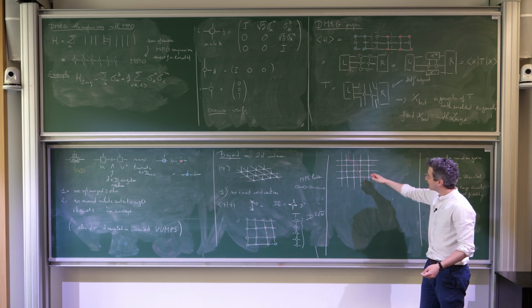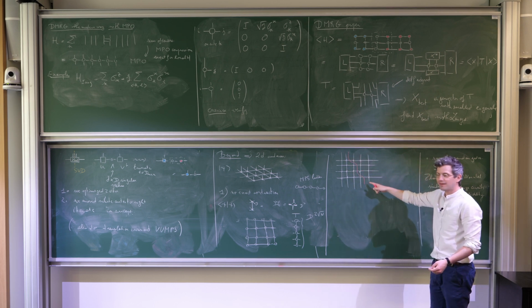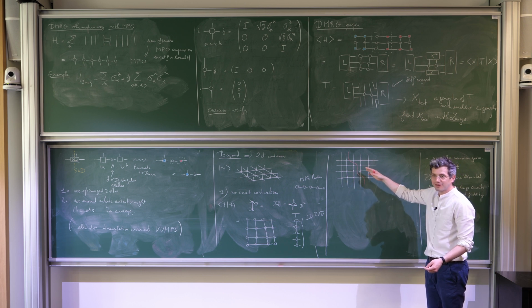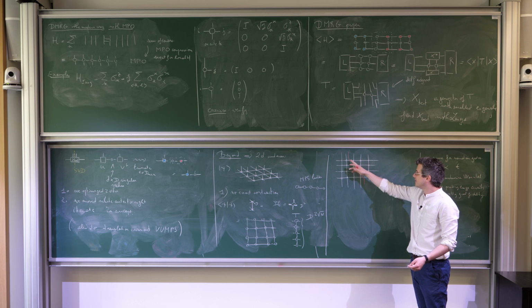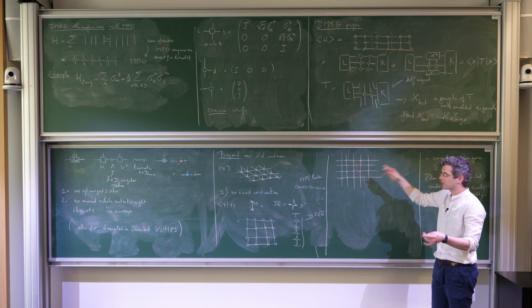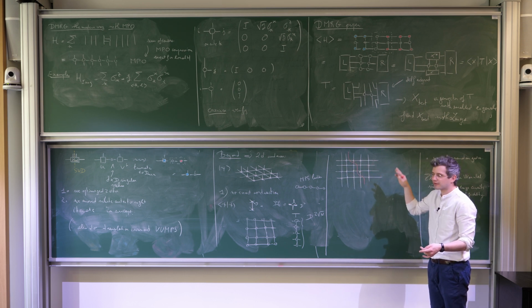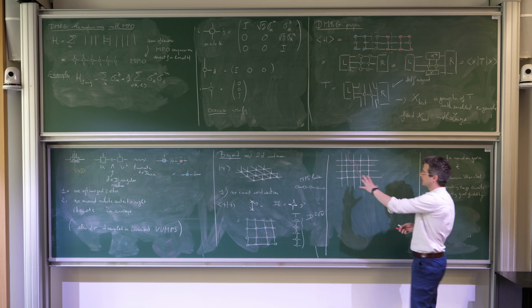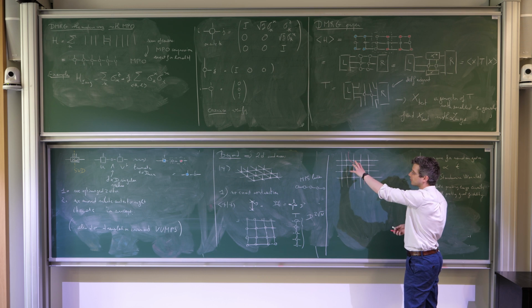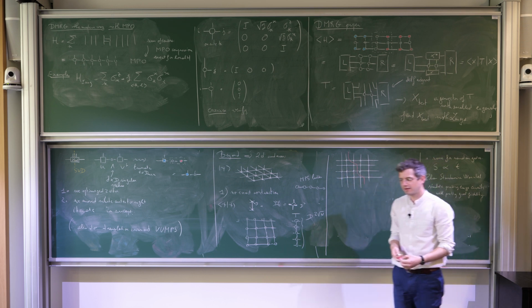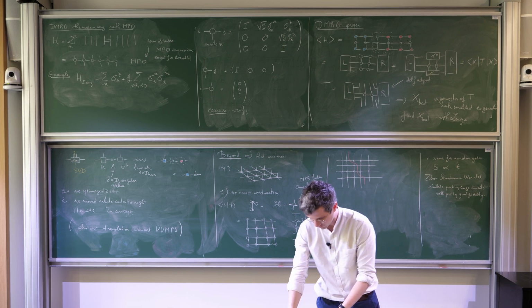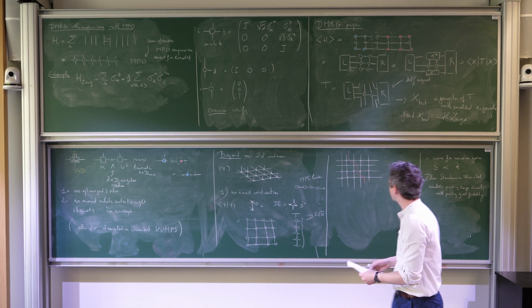And this has to cut many bonds. When you arrive roughly in the middle of your contraction, this necessarily will have of order root n open legs, no matter how you do it. So there is no way to contract these tensors by keeping at all times only a small number of open legs. That's essentially the argument for why it's very difficult.